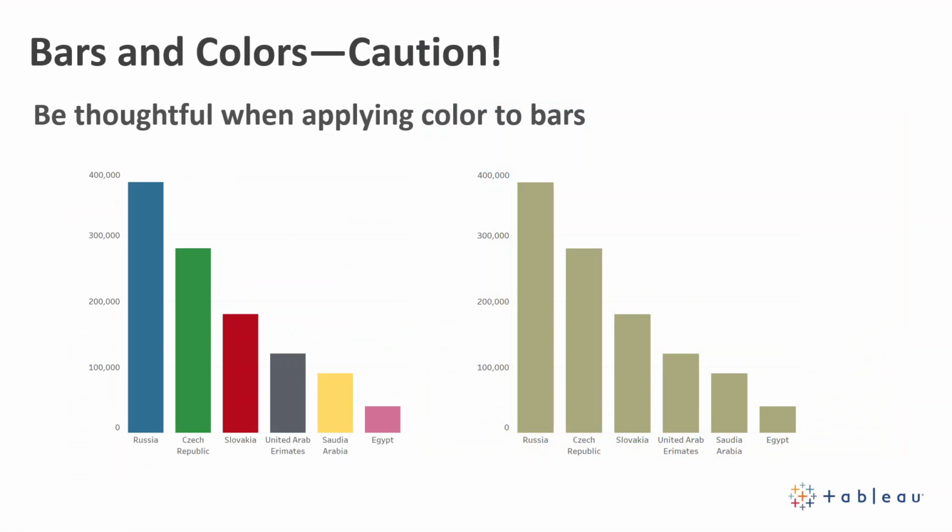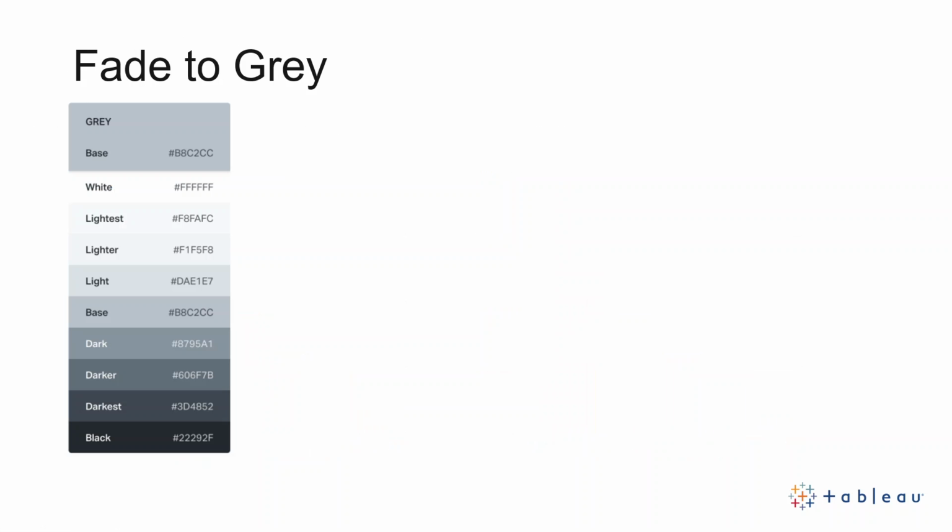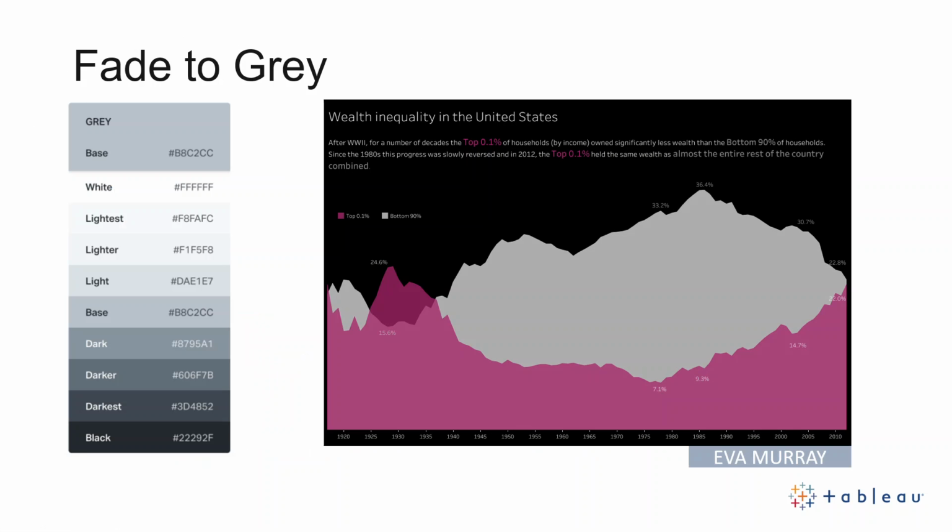So the colorful bar chart causes our brain to try to understand the meaning of the colors, whereas a neutral color on all the bars, like on the right, would be a better solution. There are times where it's okay to double encode things, where there are multiple dimensions, for example. But you need to ask yourself if it's relevant to the analysis.